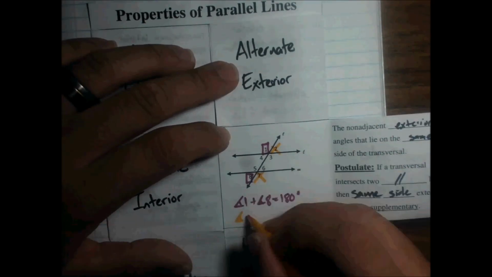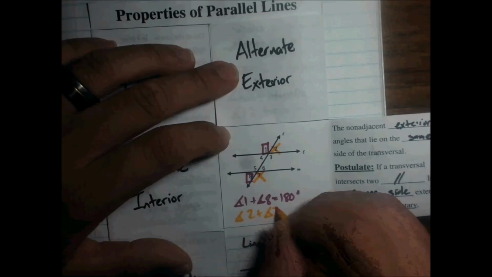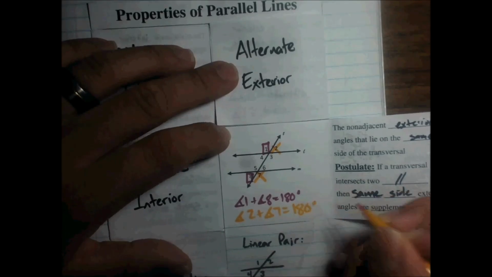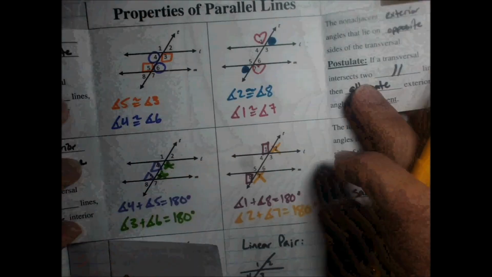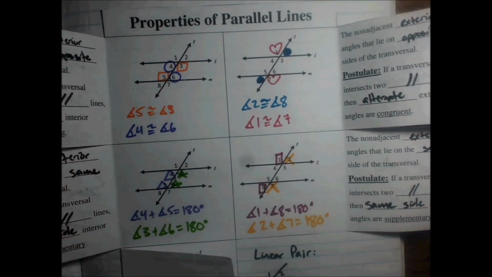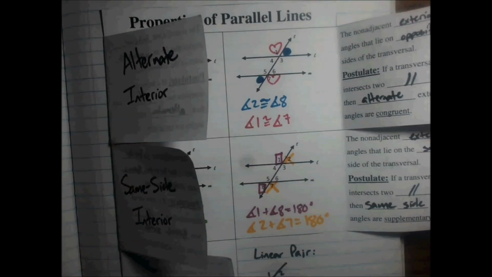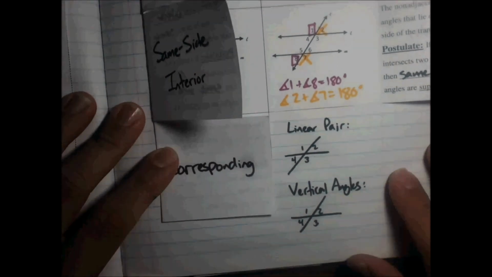Corresponding. So on the bottom we have corresponding. It's probably one of the trickier ones to do. Because corresponding, as I said before, is like the same area. So this one's kind of funny. Let's go back to this. Alright.